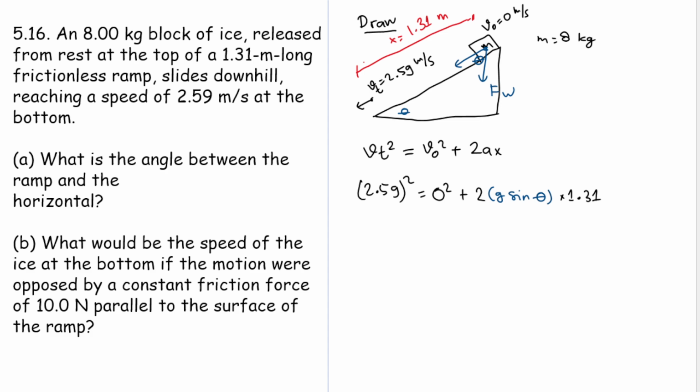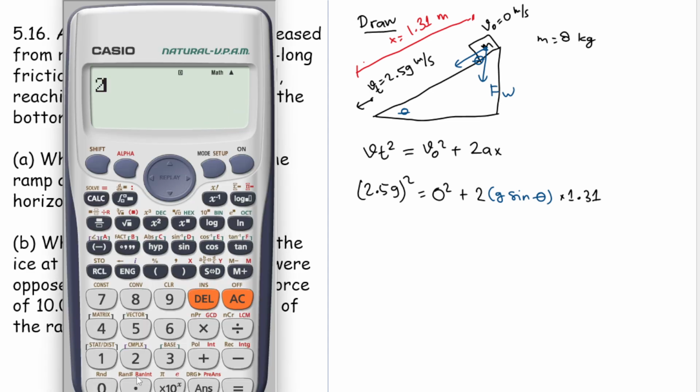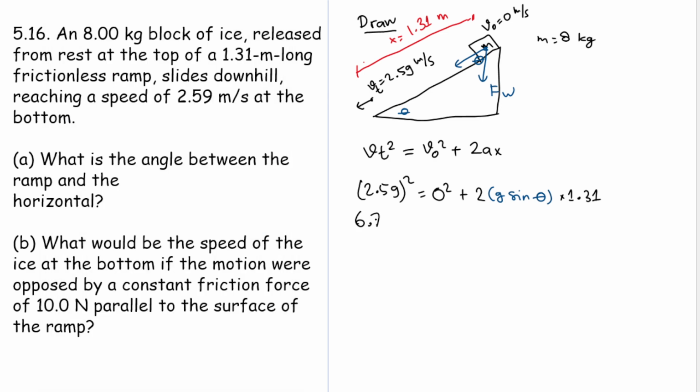So let's just calculate that. 2.59 squared is 6.7081, and then 0 squared, we can just leave it, and then 2 multiplied by 9.8 multiplied by 1.31 and sine theta.